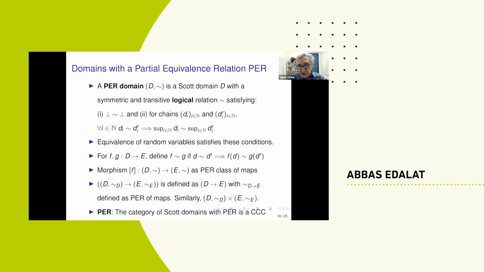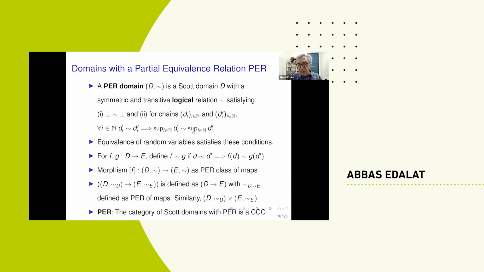It's a logical relation. A logical relation satisfies that the bottom element is related to itself, and for any increasing chains d_i and d'_i, if d_i and d'_i are related, so is the least upper bounds.